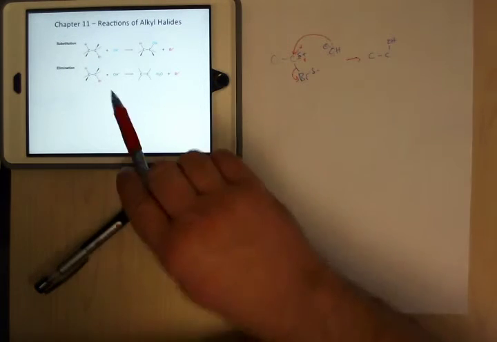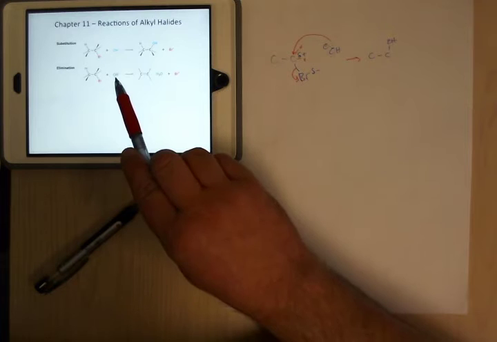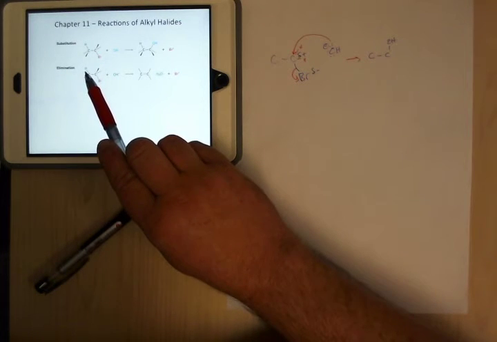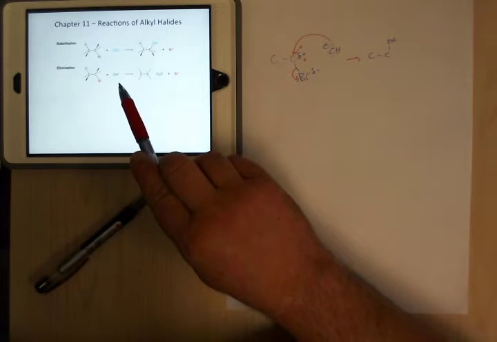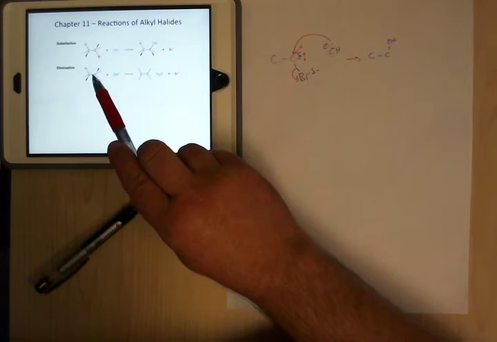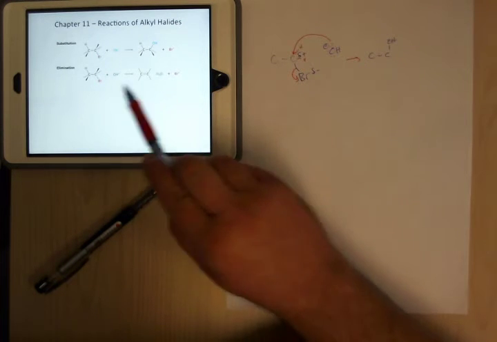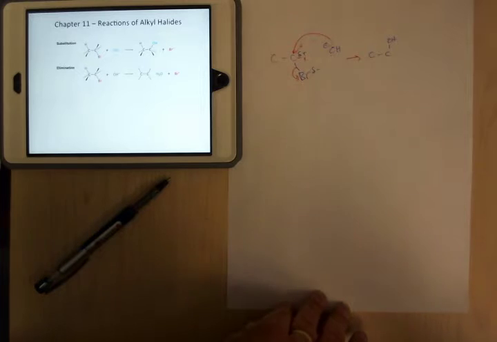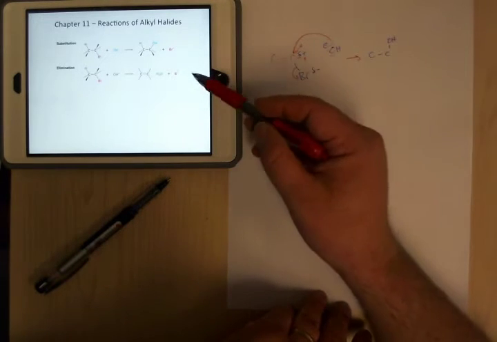But the other thing that can happen is that instead of reacting at that carbon, the hydroxide can rip off the hydrogen, so it's going to act like a base instead. Those electrons collapse down to make a double bond, and in doing so kick off your leaving group here. Most times it can be a halide, but there are other things that can be here.